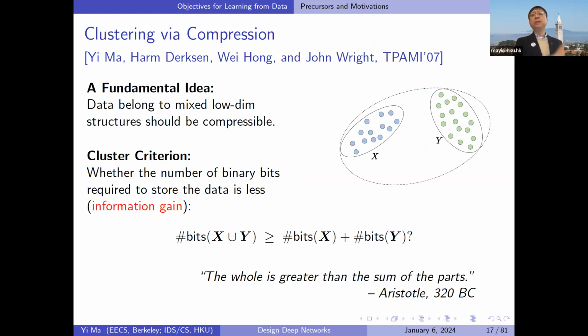Hence we actually resort to this kind of information theory. So how do we represent the information? We can actually measure the gain before and after clustering, right? So, very simple ideas. If this is apple, this is orange, and we don't separate them, because of the distribution in a larger space, if I want to put them together in a single bag, actually you need a bigger bag. That's the cost. The apple and orange together will span a bigger space.